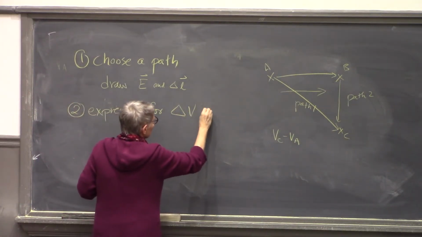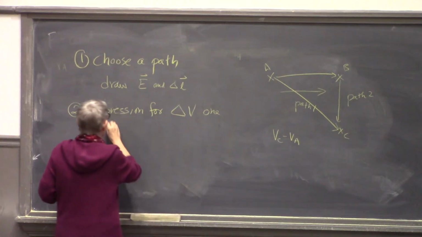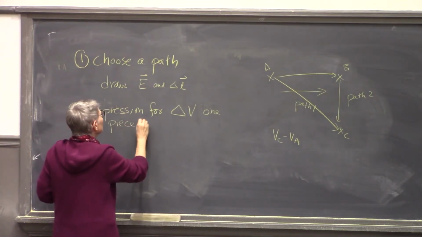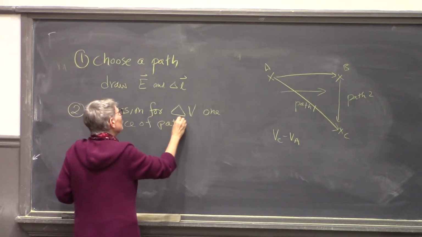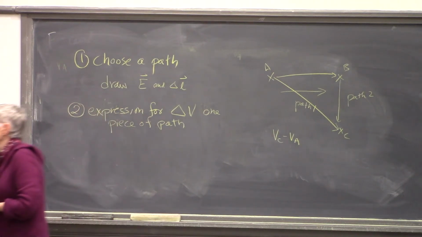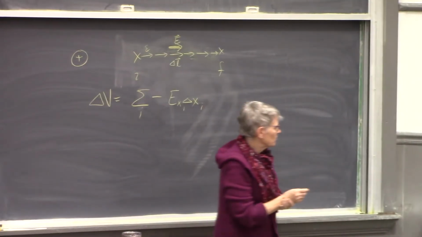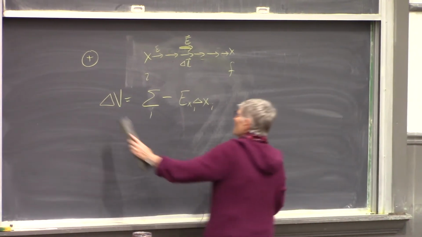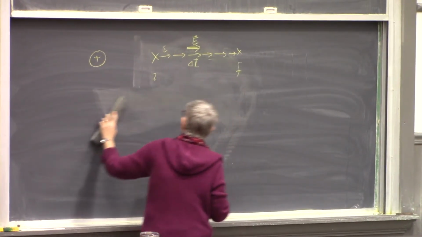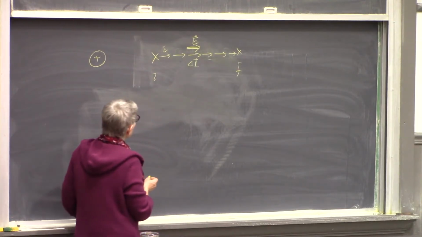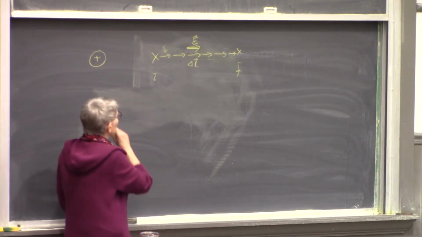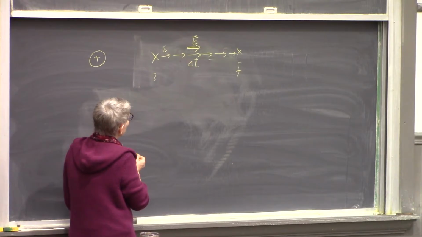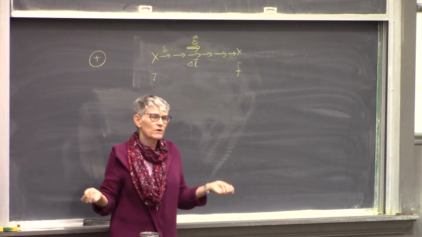For delta V of one piece of the path, how do we get an algebraic expression here? Well, to get an algebraic expression, we of course need a coordinate system.